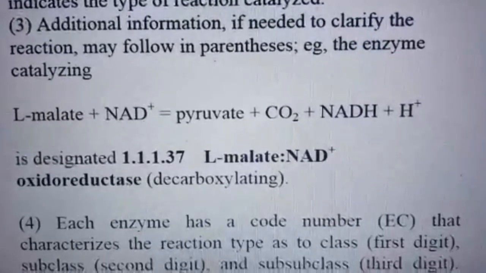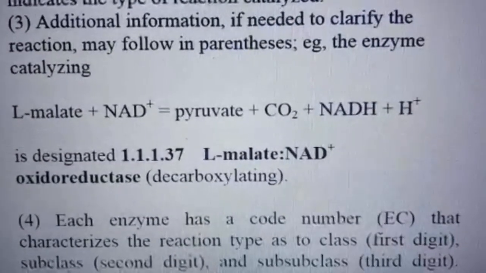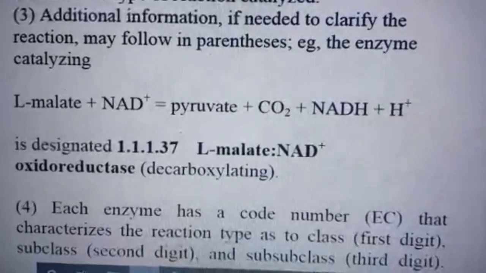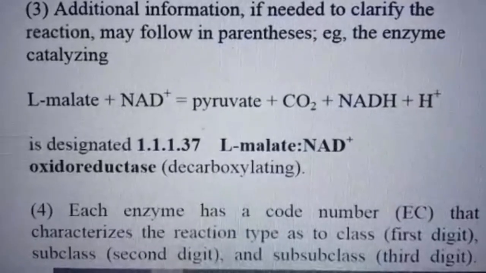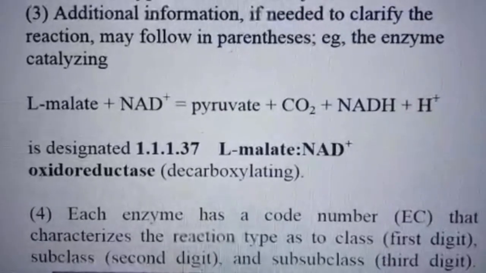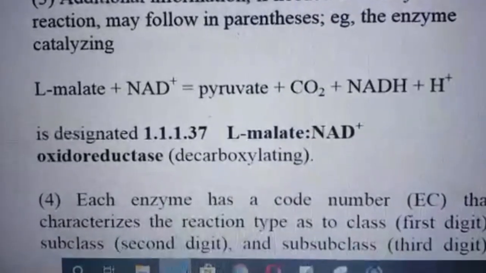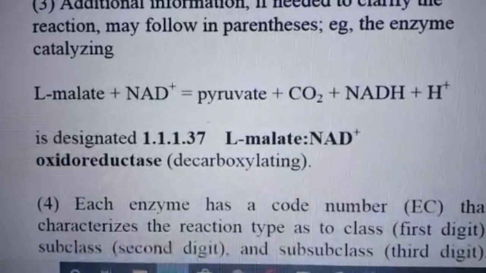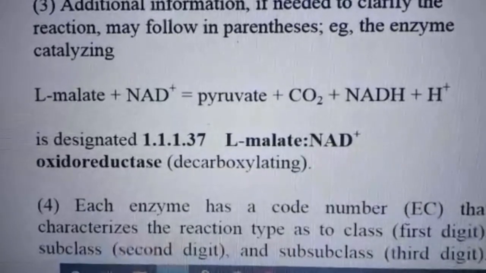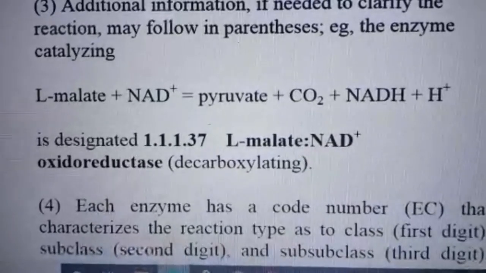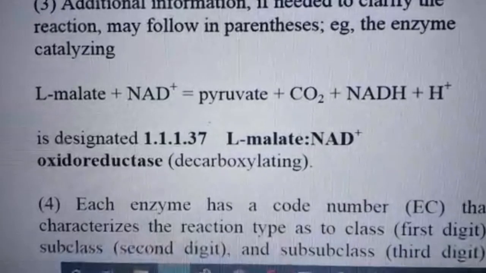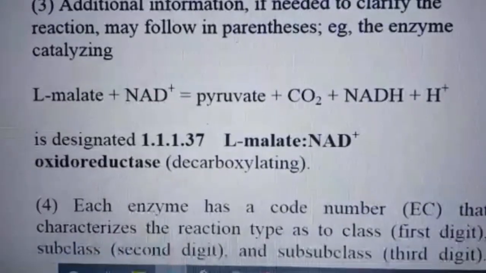This reaction is showing a type of decarboxylation reaction which is followed by the removal of a hydrogen. It belongs to the oxidoreductase class, that is the first class of enzyme classification. Here 1.1.1.37 designates the major class, the subclass, the sub-subclass of the enzyme.